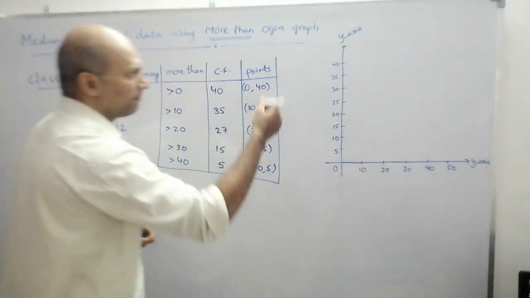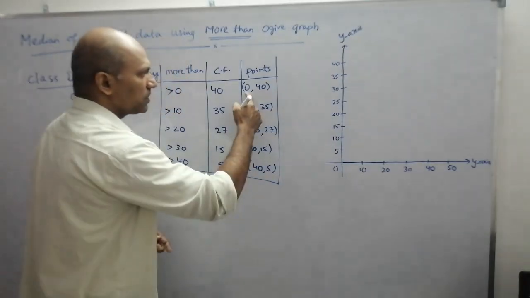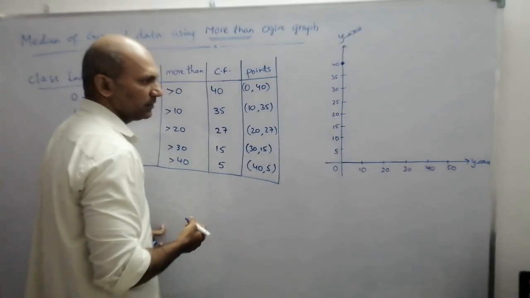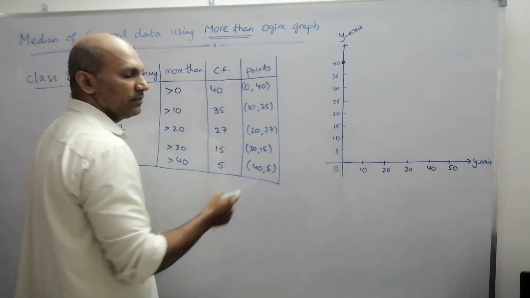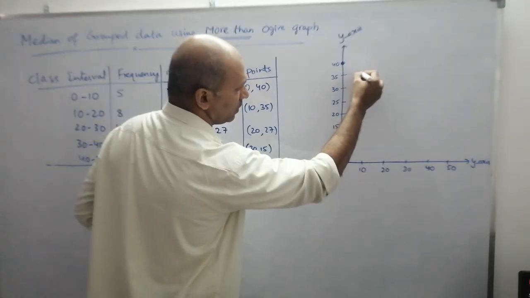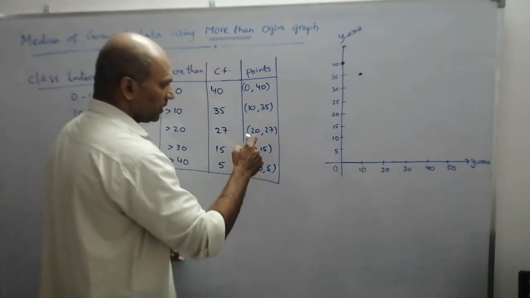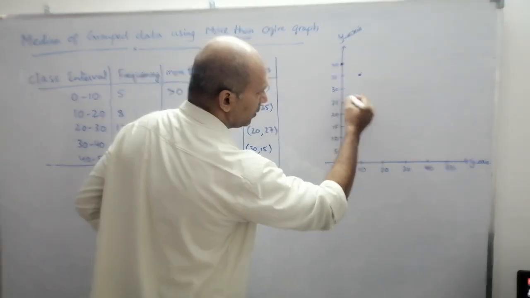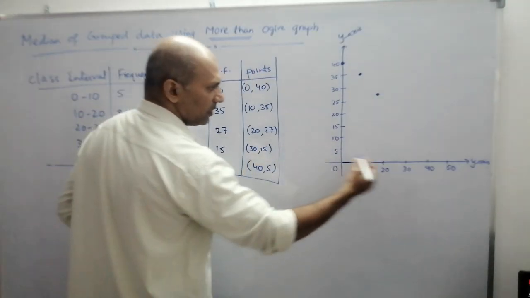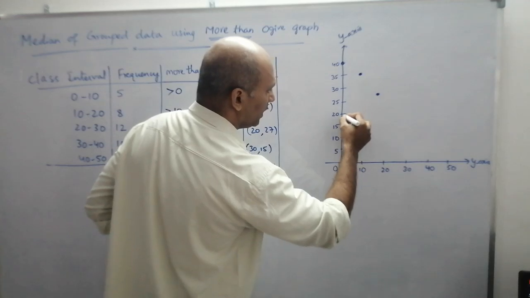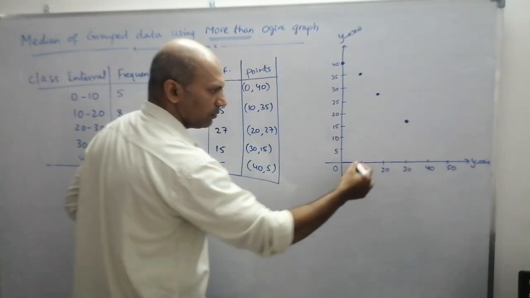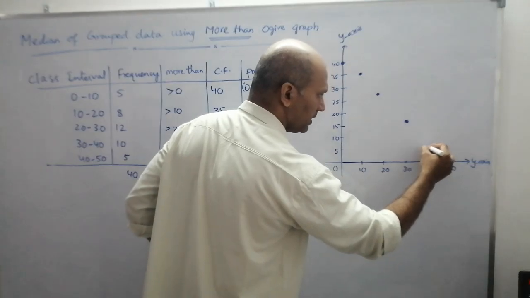Let us plot. I have a small graph here. So 0, 40. And 10, 35: x is 10 and y is 35. 20, 27 is here. 30, 15 is here. 40, 5 is here.